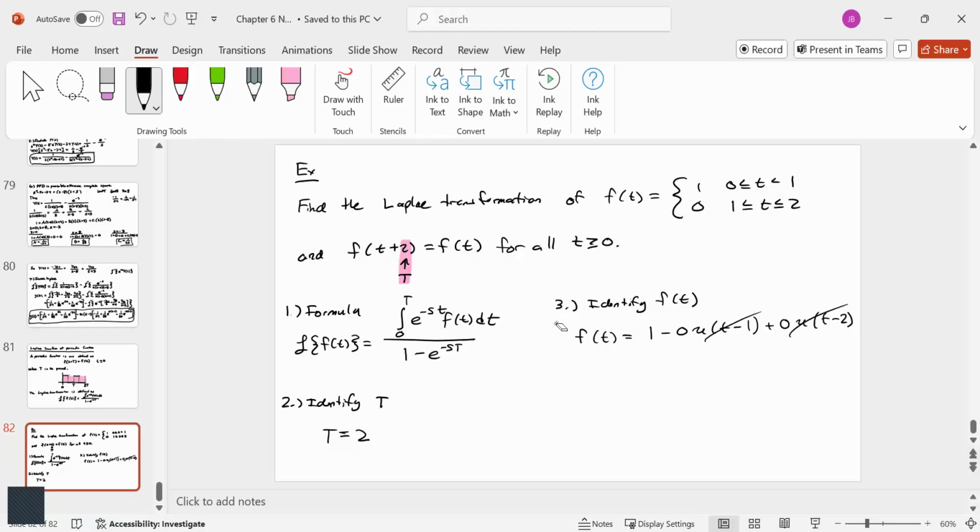There we go. So 1 minus 1 u of t minus 1, and then plus 0. The rest of it's just 0. So f of t is equal to 1 minus u of t minus 1.